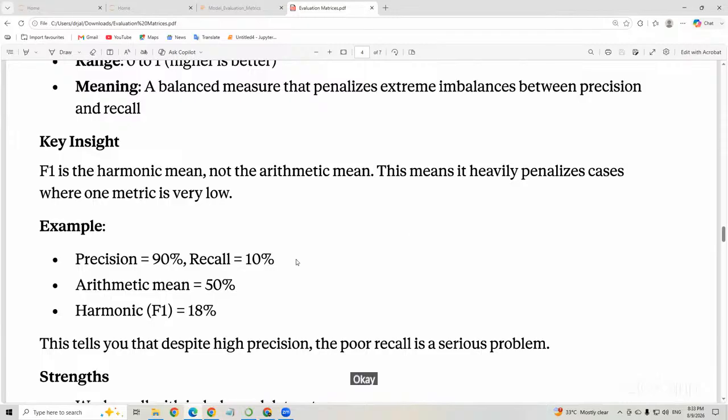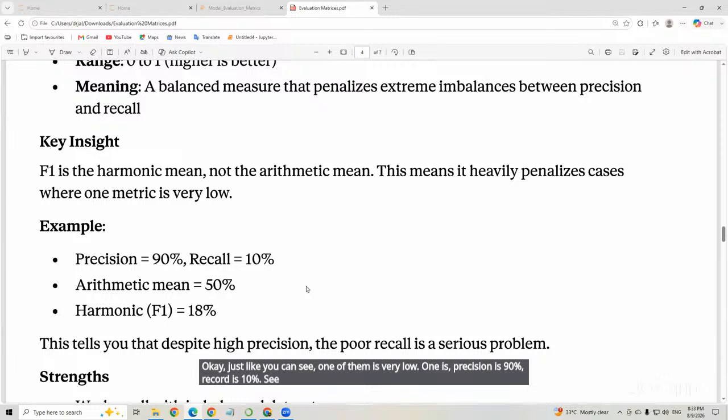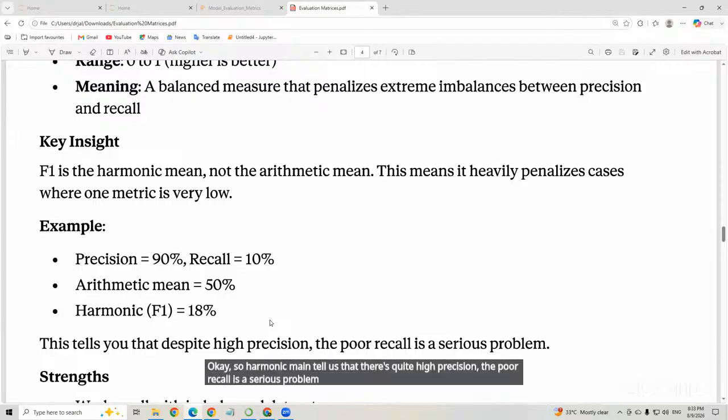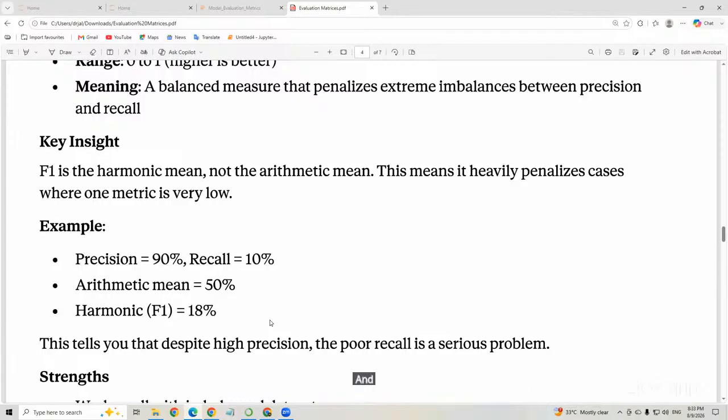Here precision is 90%, recall is 10%. See the difference between them. The harmonic mean tells us that despite high precision, the poor recall is a serious problem. And this is possible by using the F1 harmonic mean.